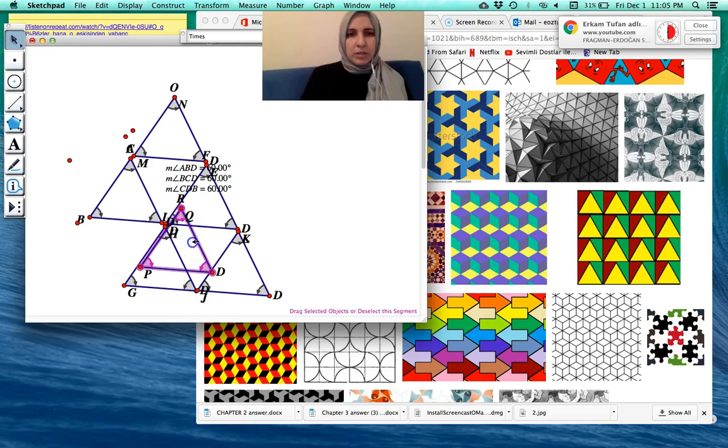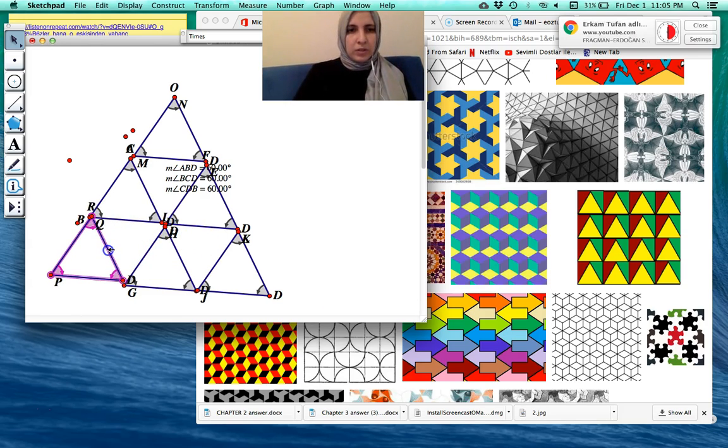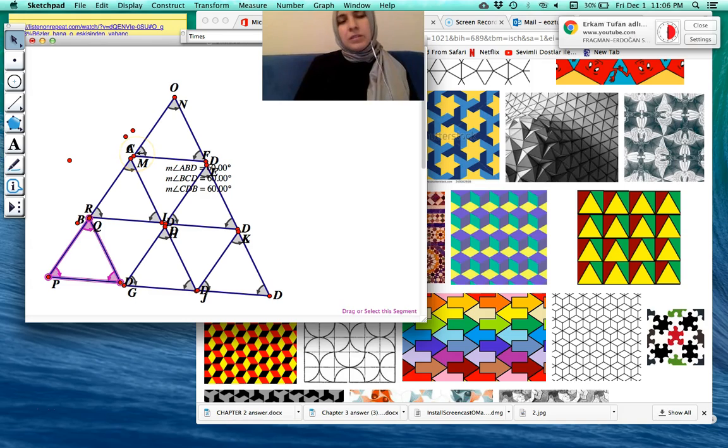If I put it there, all interiors are 180 degrees, and this line must be 180, and this one must be 360 degrees, and that's why we can tessellate all the triangles.